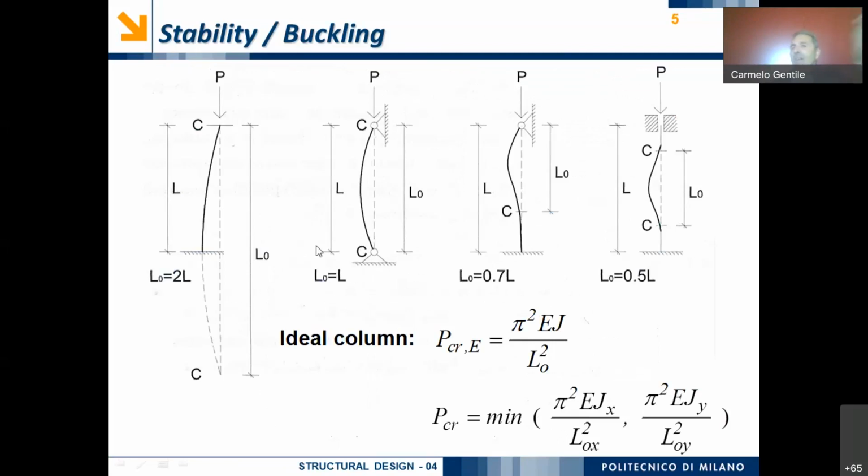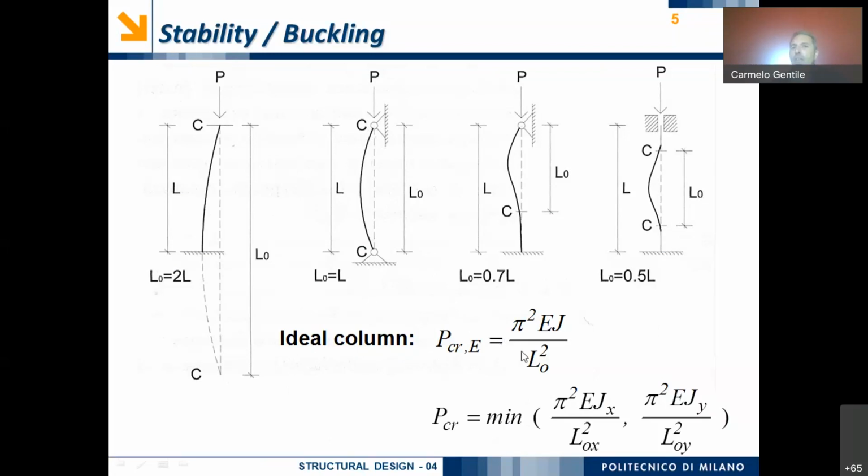A real beam or a real column is different from an ideal one because the deformability is distributed along the beam or along the column. And we know that for an ideal column, for example, that is constrained at both ends by two hinges, we have a value of the critical load, and the critical load, or Euler load, is the one corresponding to the neutral equilibrium.